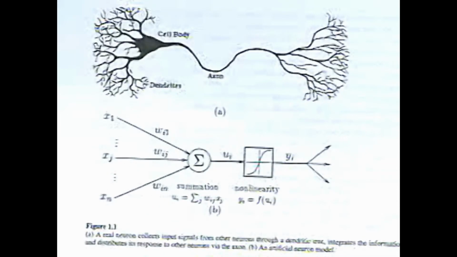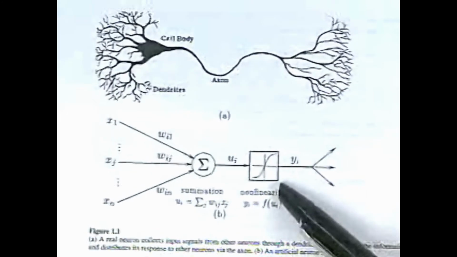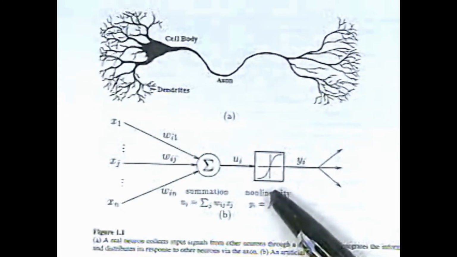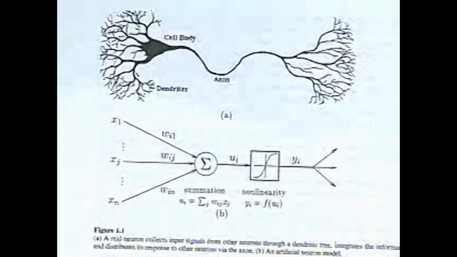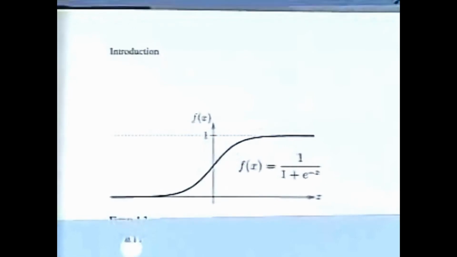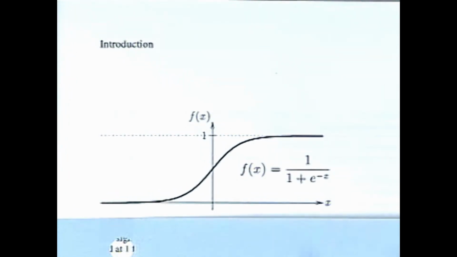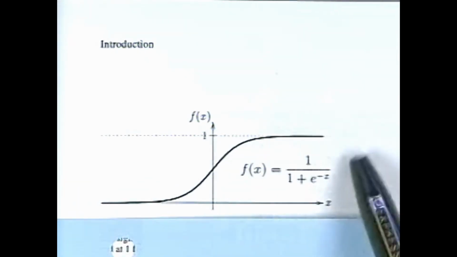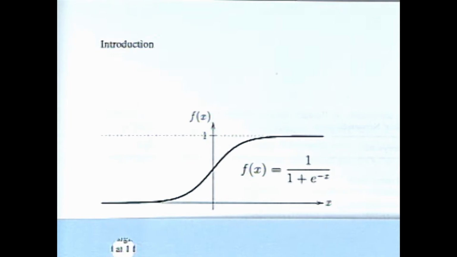Let's take a closer look at the manner in which these are connected, number one, and number two, what that nonlinearity looks like. The most commonly used nonlinearity is called the sigmoid, and it's simply equal to 1 over 1 plus e to the minus x. It's a strictly increasing function that goes from 0 to 1. You can see again why it's called a squashing function.